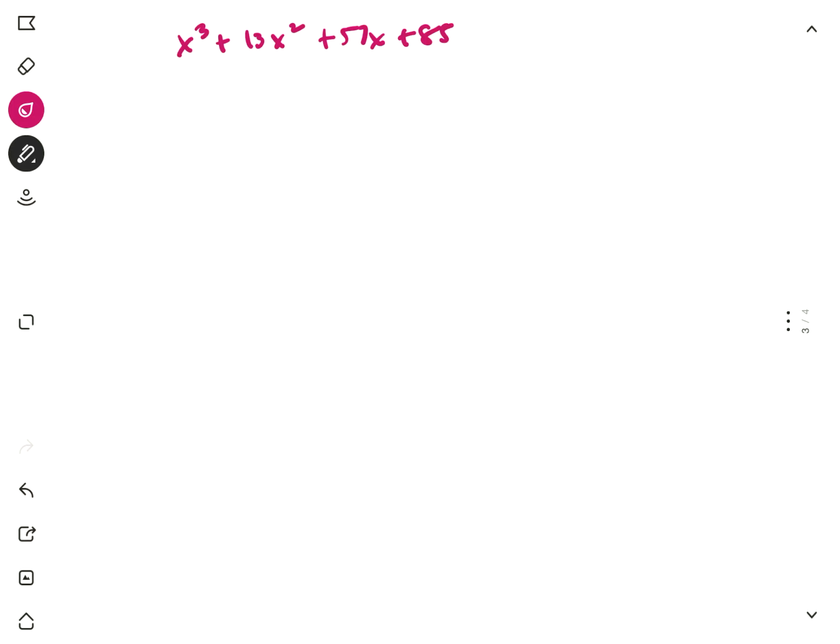Okay, so for this one, the degree is 3, so we could have a maximum of 3 zeros.